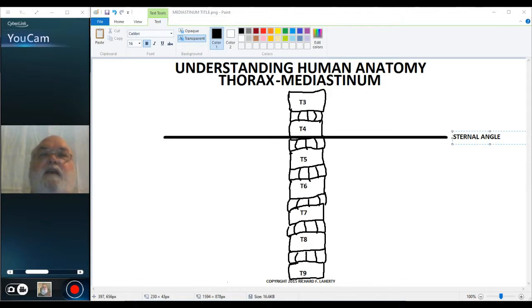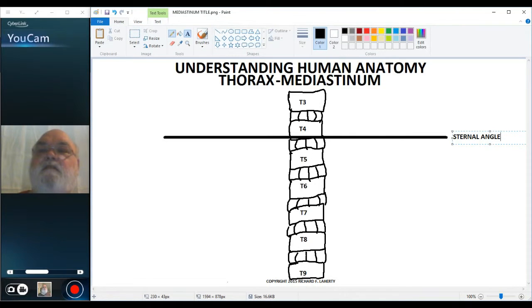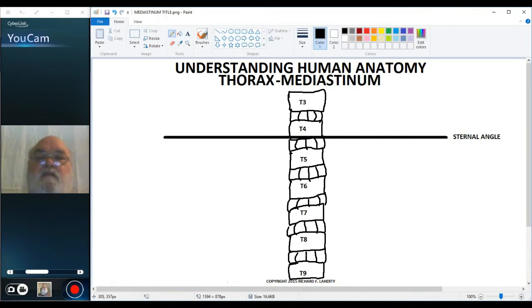Now, we're talking about the thorax, so we have to bring in the diaphragm. So let me sketch the diaphragm in here.